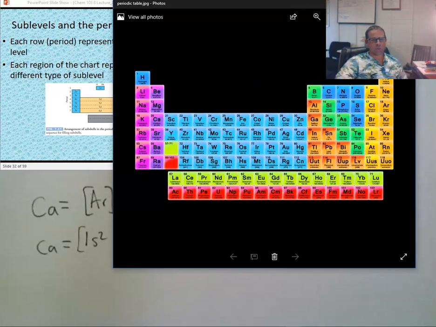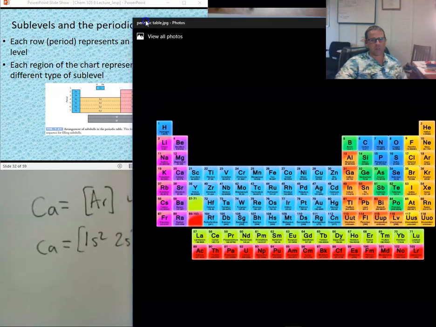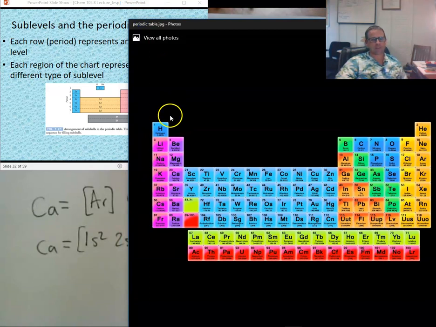So look at this periodic table. Can you see that really well there? All right. So the periodic table tells us what needs to occur. Because if we're going to calcium, the 20th electron, we have to start with 1 through 19 first and work our way down to the 20th. The first two electrons are n value 1.